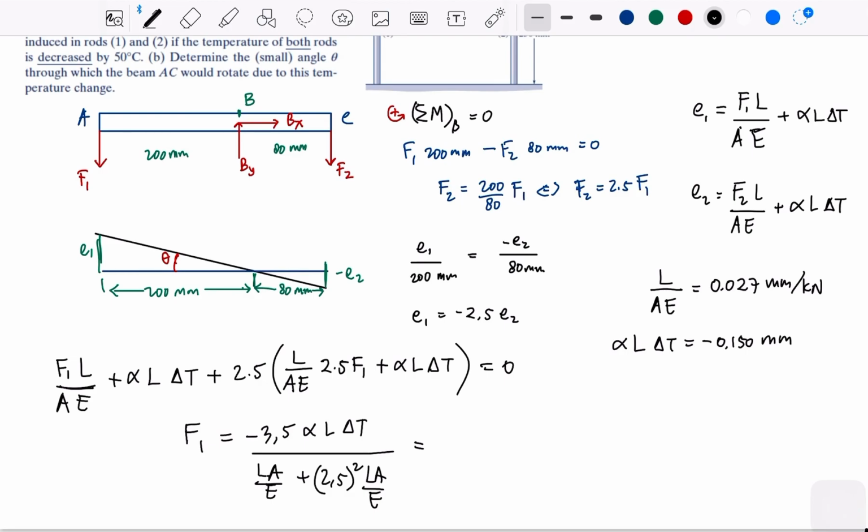Okay. This is supposed to be 3.5 multiplied by 12.